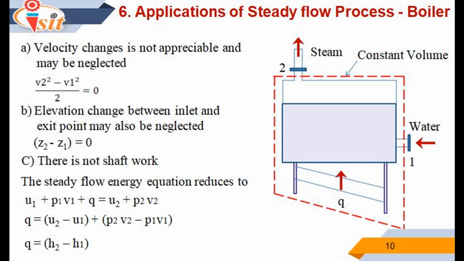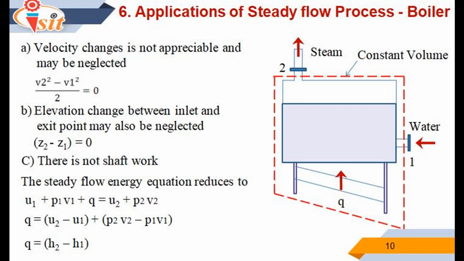There is no shaft work. By selecting the control volume, it can be treated as a steady flow system, and the main function of the boiler is to transfer heat to the steady flow system.